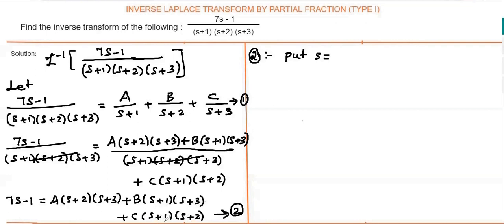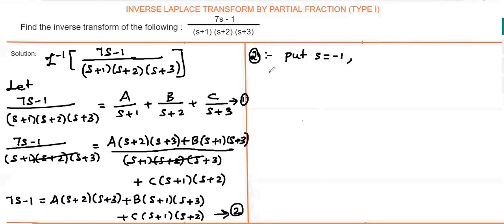See here, when I put the value of s as negative 1, my B and C will get cancelled. So I may write: put s = -1. I have to use the left hand side and the right hand side to solve the equation.